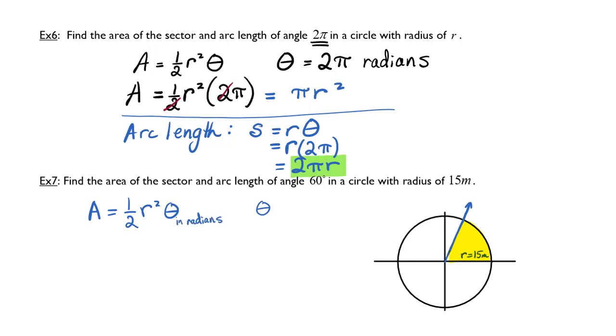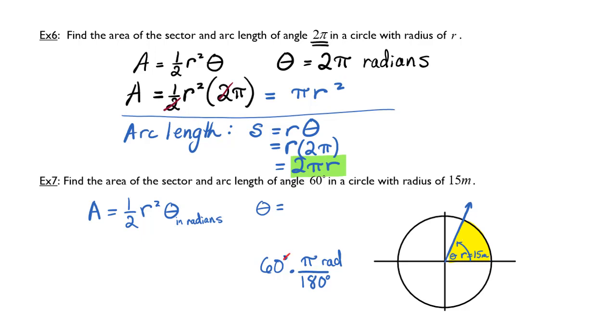So I need to convert 60 degrees to radians. I'll take 60 degrees and multiply it by the conversion factor. I want to get rid of degrees, so I'll put the 180 degrees in the denominator and pi radians in the numerator.